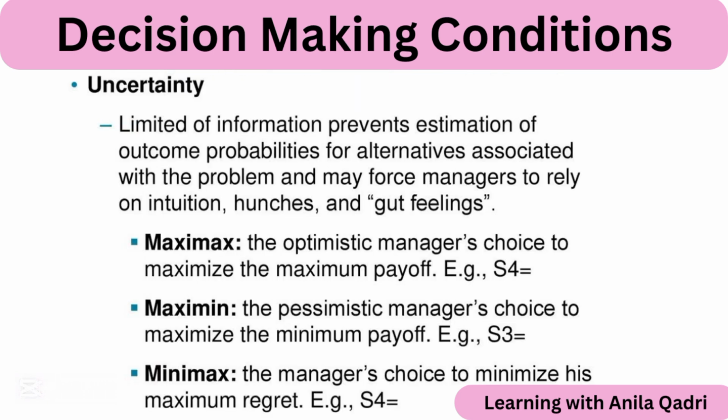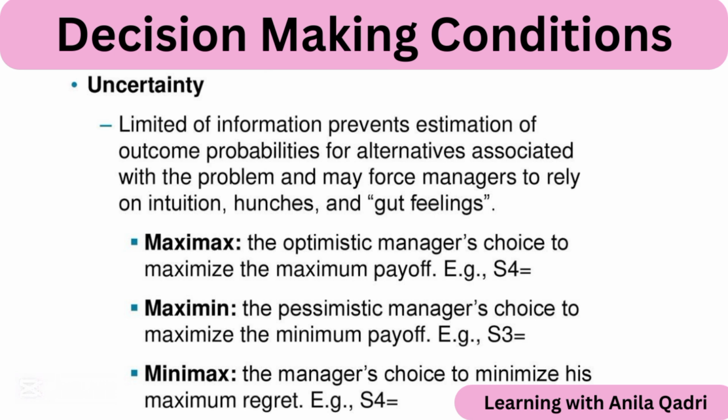Decision-making conditions. Uncertainty. Limited information prevents estimation of outcome probabilities for alternatives associated with the problem and may force managers to rely on intuition, hunches, and gut feelings. Maximax: the optimistic manager's choice to maximize the maximum payoffs.